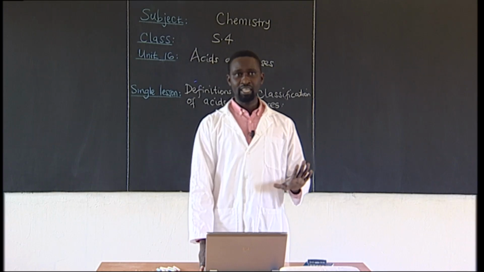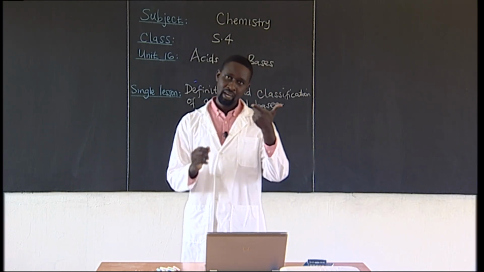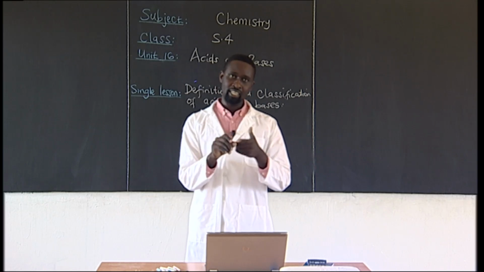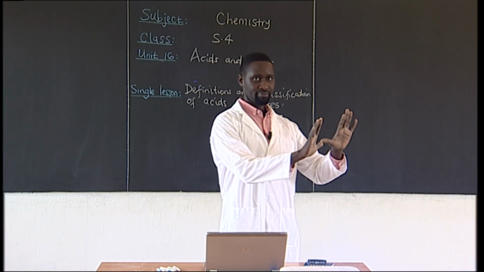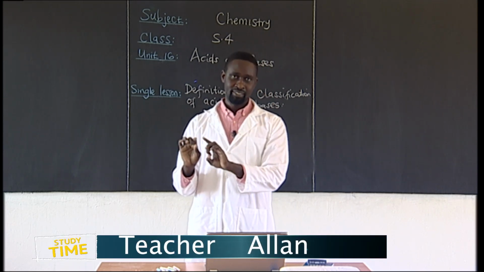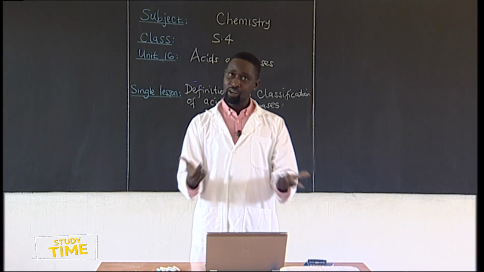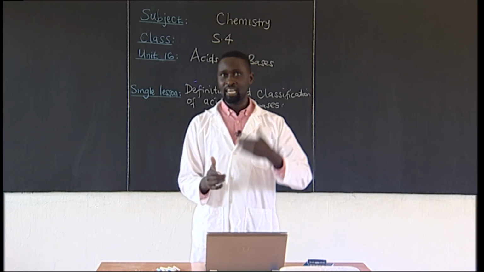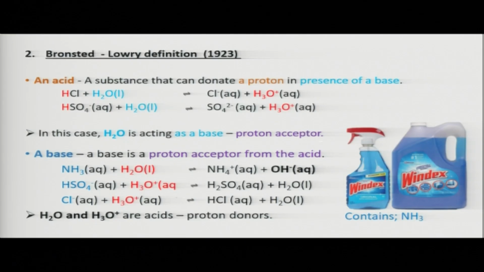So let's now look at the second definition of acids and bases. Remember, Arrhenius and Ostwald said an acid simply releases hydrogen ions and a base simply releases OH ions. They didn't put other more terms. And remember, we are surrounded by acids and bases as we started. So Bronsted and Lowry came in 1923, just a few years after Arrhenius had defined.